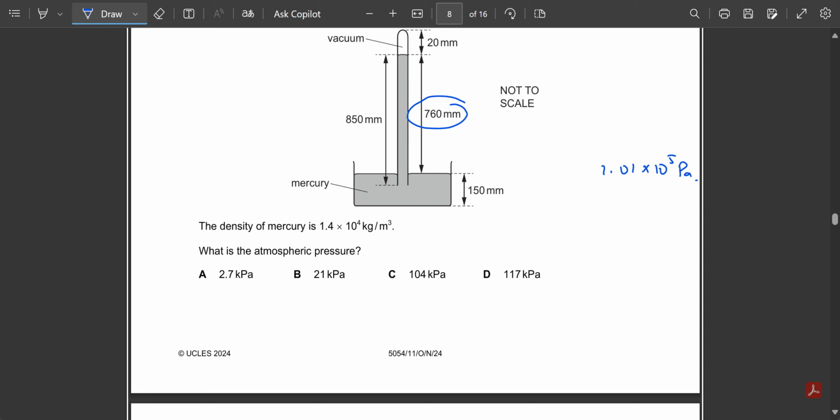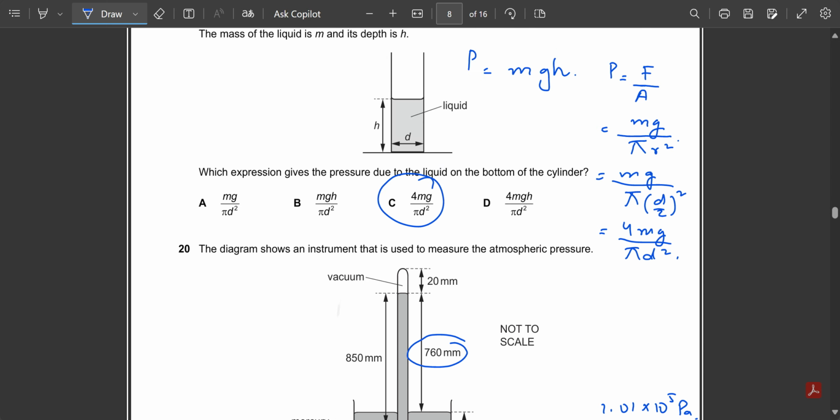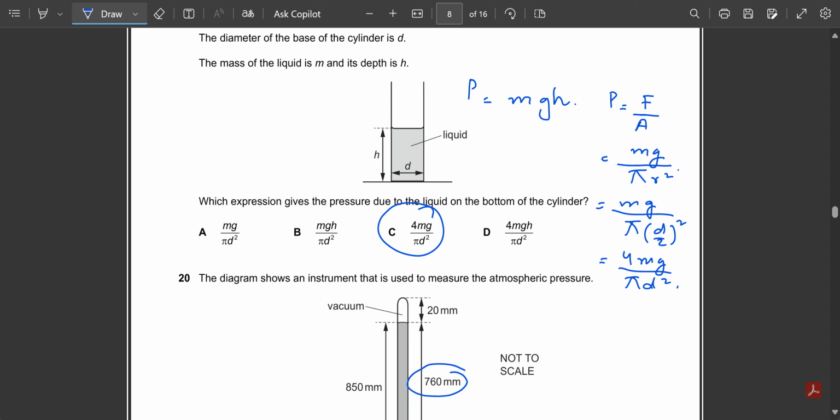Always use the height which is from the surface of the liquid till the point of rise. So we're going to use 760, and density is given, so we're going to use pressure equals rho gh. Sorry, in the previous question I used mgh, it was rho gh.